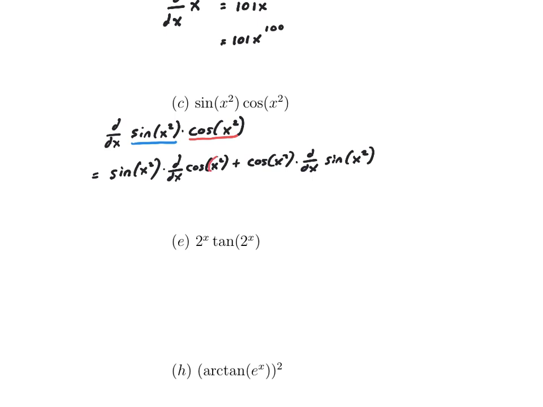So it has an inside. So I'm going to have sine of x squared times the derivative of the outside, which is sine, and the inside is x squared, and the derivative of the inside is 2x. So again, that's by the chain rule. Then we're going to have plus cosine of x squared times the derivative of sine, which is going to give us negative cosine.